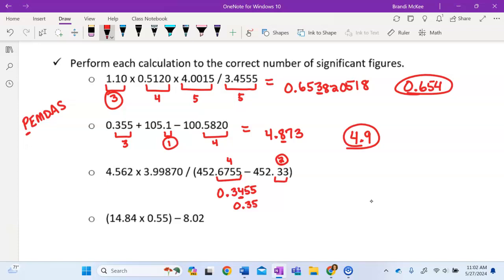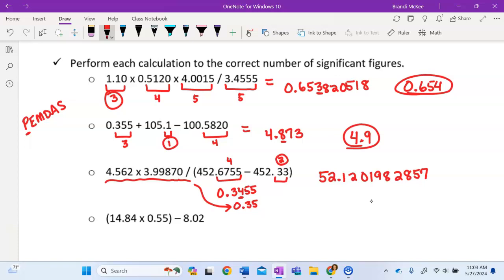So now I'm bringing this multiplication and division and using 0.35 to finish out the problem. So when I multiply those numbers, divide by 0.35, my calculator tells me this really long answer. And since I'm multiplying and dividing, I go back to significant figures.